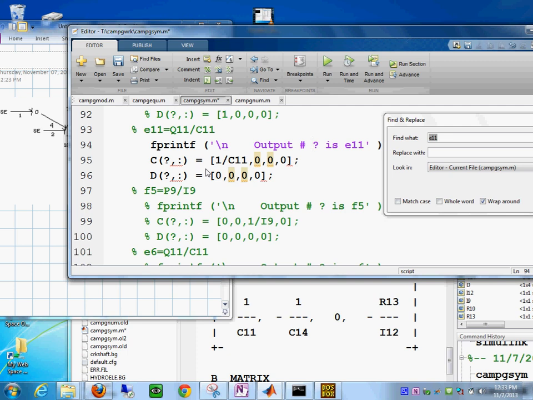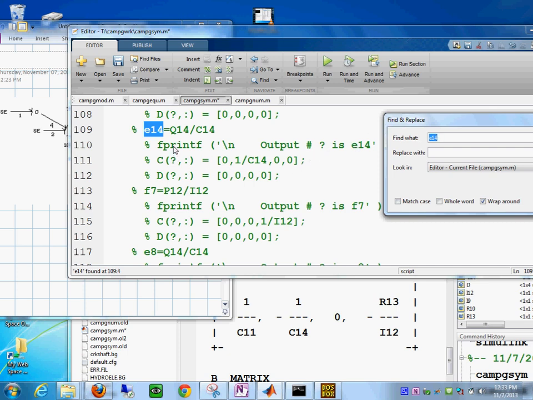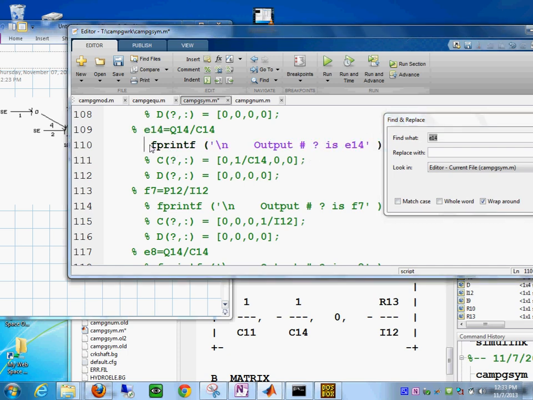This is going to be my first output, and that output is going to correspond to the first row of the C and the D matrix. And then I say, look, this is E14, which is my second output. And in here, I am going to go ahead and say this is output number 2.